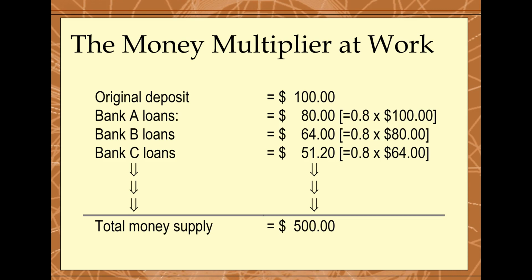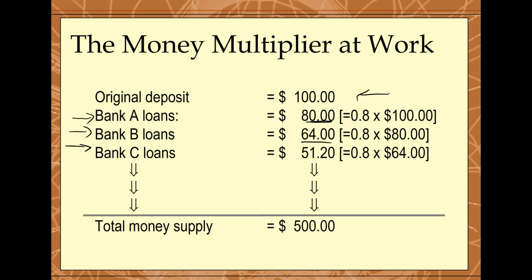And we could see this process step by step, right? The first deposit is for $100. Now that creates $80 in excess reserves, and that can be loaned out. When that's loaned out, $64 is the next deposit, because only 80% of that $80 can be loaned out.